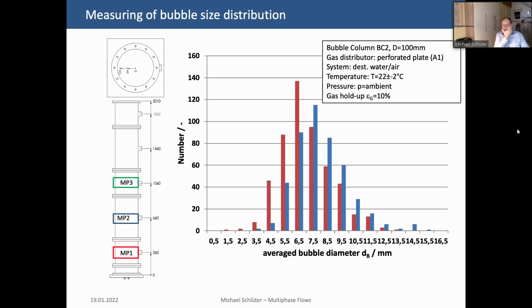And the reason is what I have just mentioned. You always have a strong distribution of bubble sizes, and with the bubble sizes you have a strong distribution in mass transfer performance and temperature distributions. And this is always a temporally and spatially varying situation.